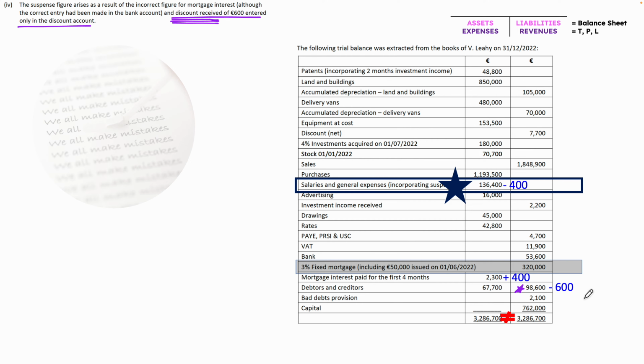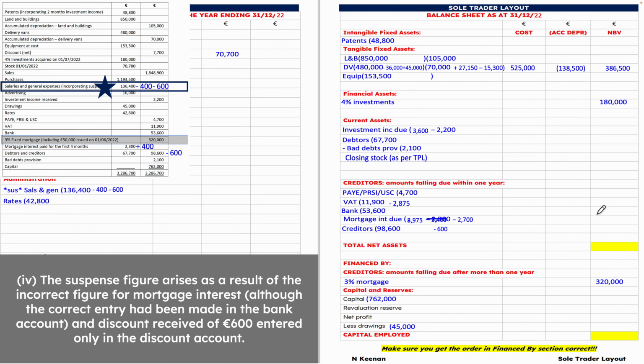Okay, when I minus 600 on the credit side, my two sides are not going to equal now. So I'm going to have to minus 600 then from the debit side. So if I minus 600 here on the credit side, I'm going to have to minus 600 on the debit side in order for those two sides to equal. Okay, so for me to now put these into my accounts, I am going to have my salaries and general expenses.